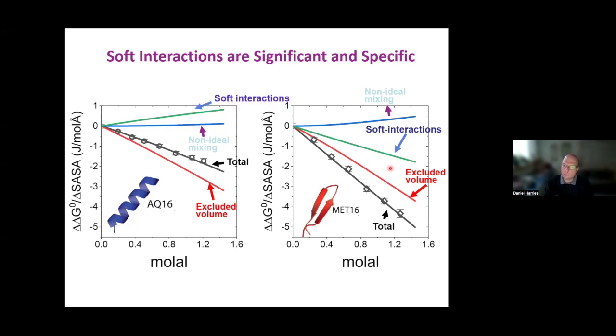So for these smaller solutes, the origin of this added interaction, these soft interactions drive stronger or weaker depletion effects or crowding effects, depending on the type of interactions these solutes have with the interfaces of these proteins.